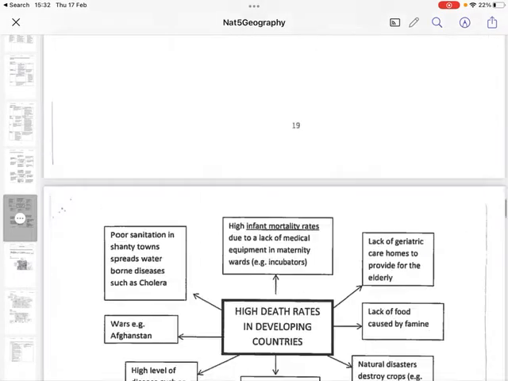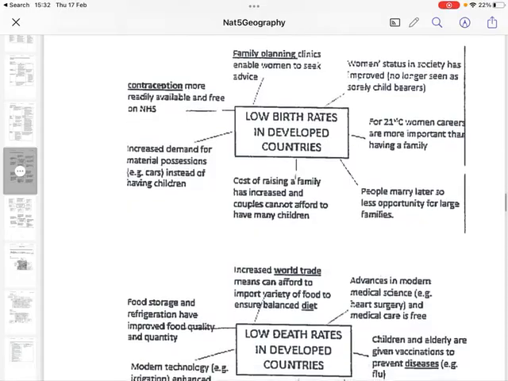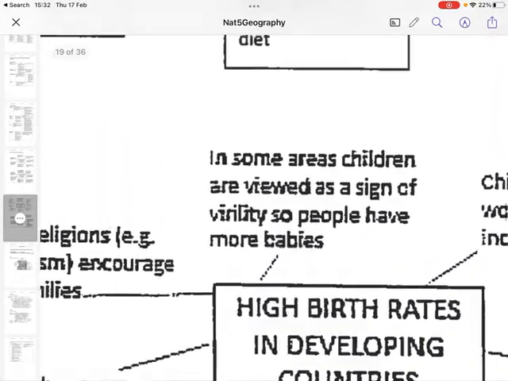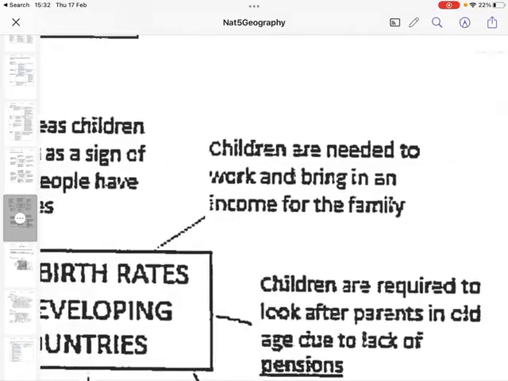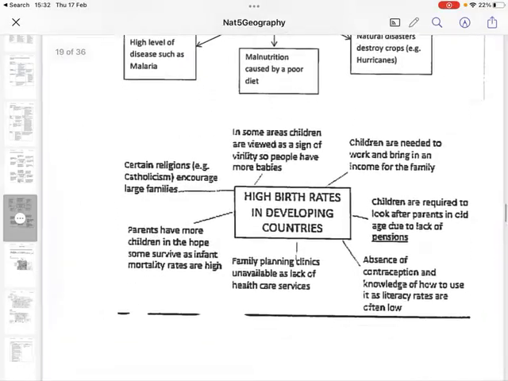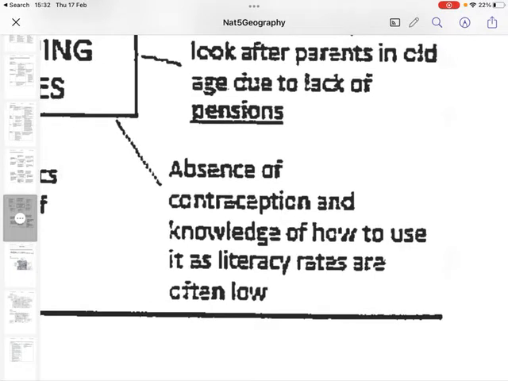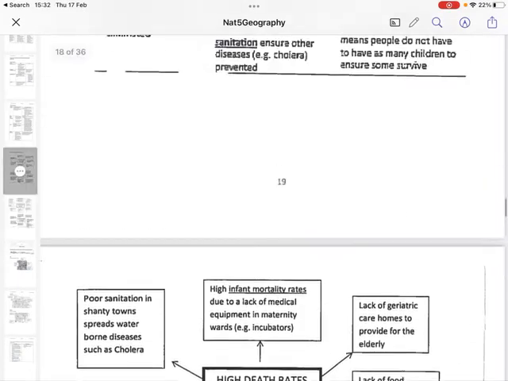If I speak about birth rate first, I say, okay, Kenya in that question has a higher birth rate, so I need to go here and I see some reasons. I need to give 6, so I need maybe 2 of these, why they have a higher birth rate: children need to work to bring an income in for the family, or because of a lack of pensions they have more children, or an absence of contraception knowledge of how to use it as literacy rates are low, therefore there's more unplanned pregnancies.